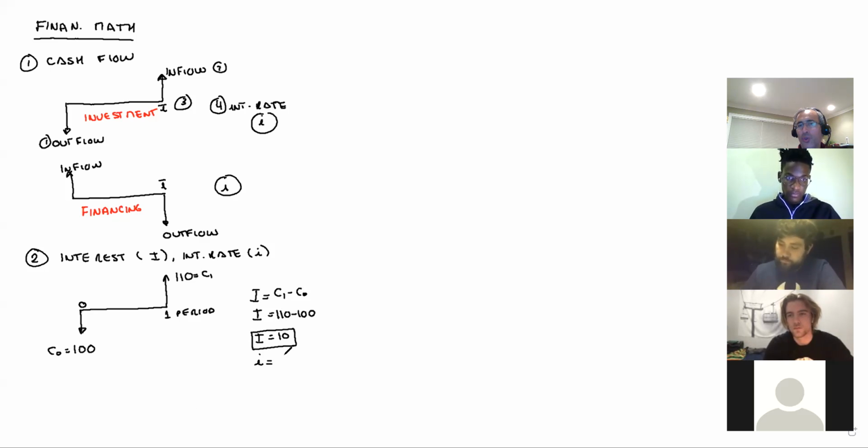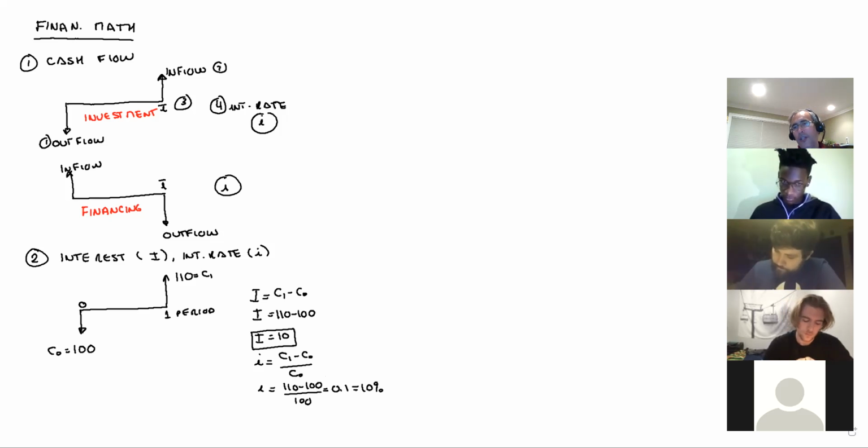My interest rate is always future minus present over present. So in our example, i is going to be 110 minus 100 over 100. So this equals 0.1, that is the same as 10%. Got it? So interest rate is a percentage and interest is a dollar number.